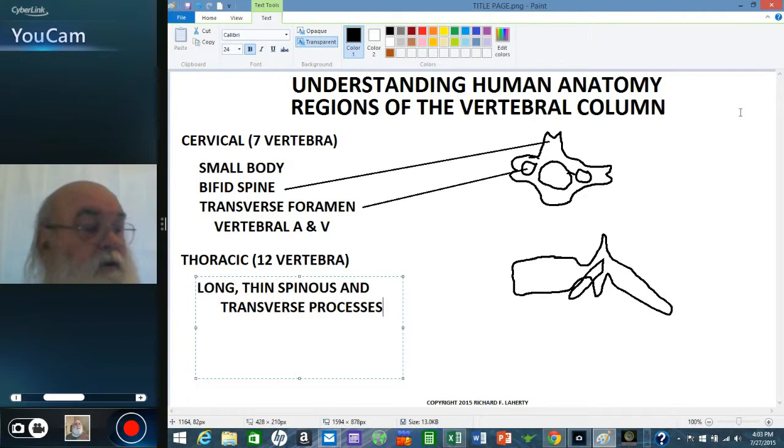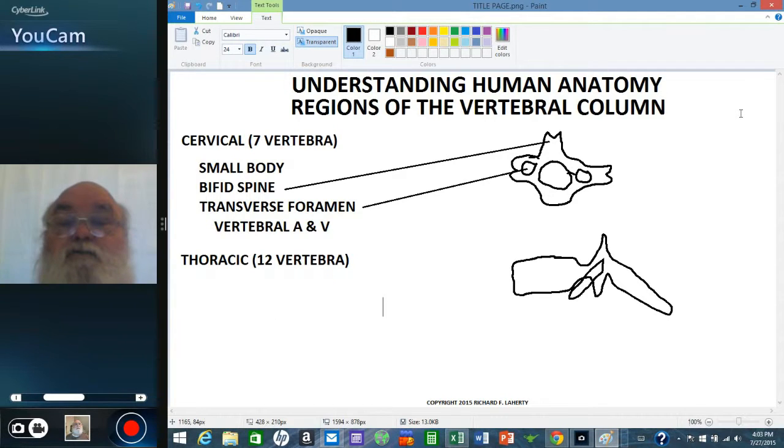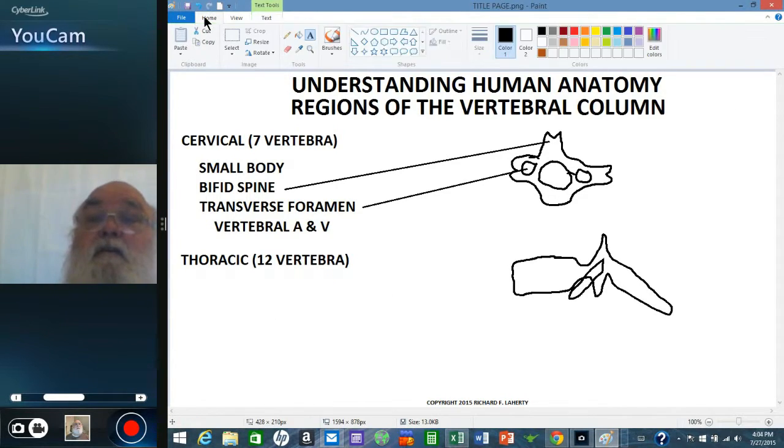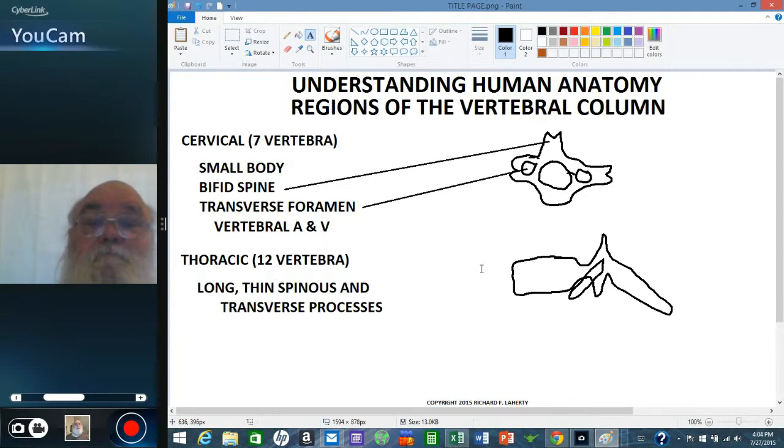Also, we'll see that the thoracic vertebra have articular surfaces for attachment of the ribs.